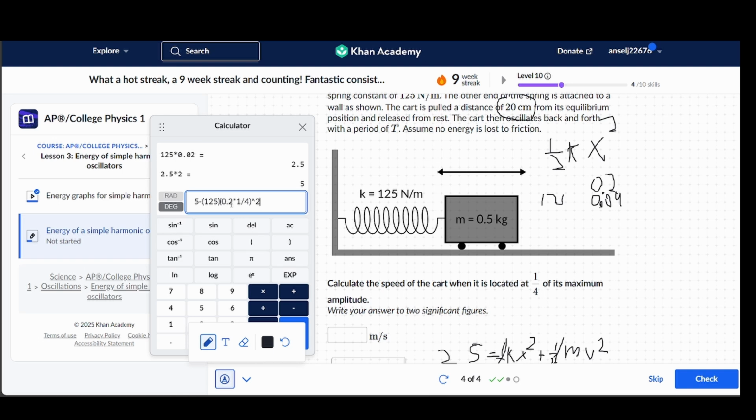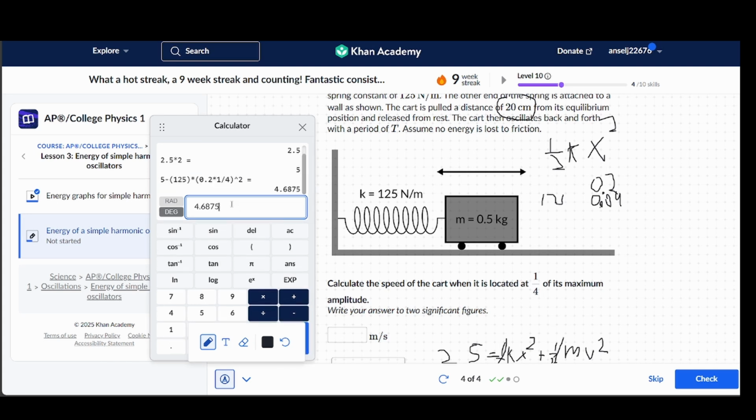Should be this. We're just gonna put this just for insurance purposes. Ba-bam. That should be that. Then you just divide it by the mass, 0.5. Yeah, okay.